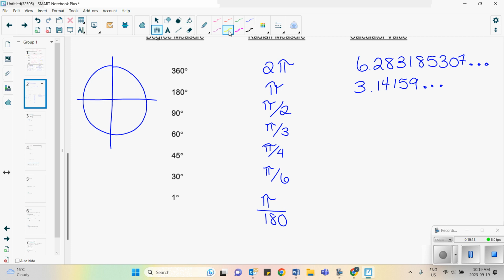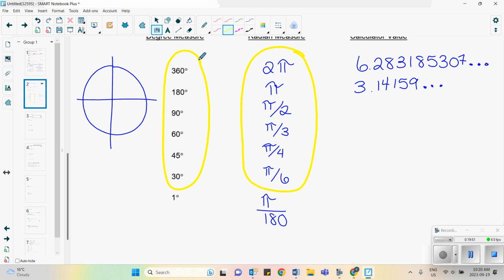These you need to commit to memory. These are our most used values on the unit circle in quadrant 1, and then we are going to apply our knowledge of angles to get to the angle measurements in all the other quadrants. So I need you to be able to go back and forth between these two.